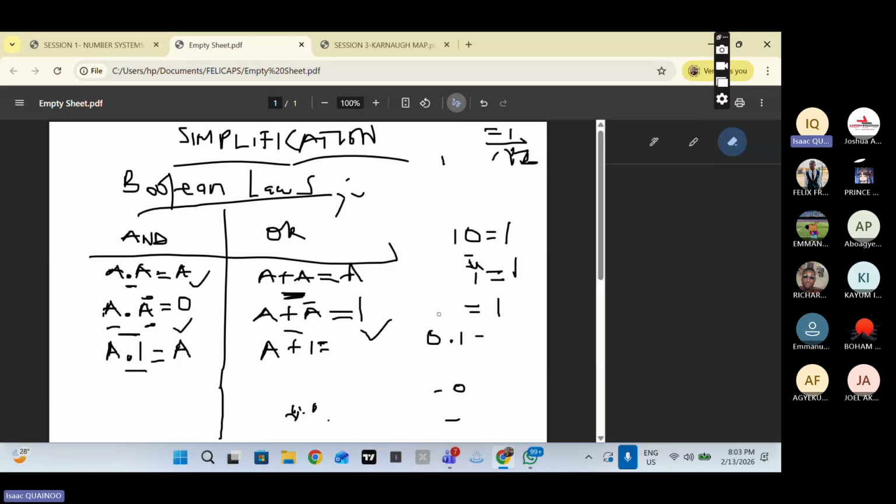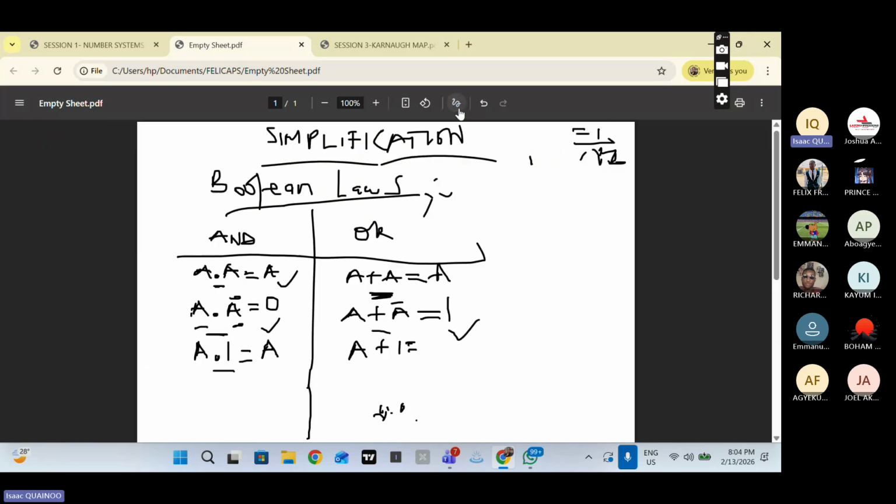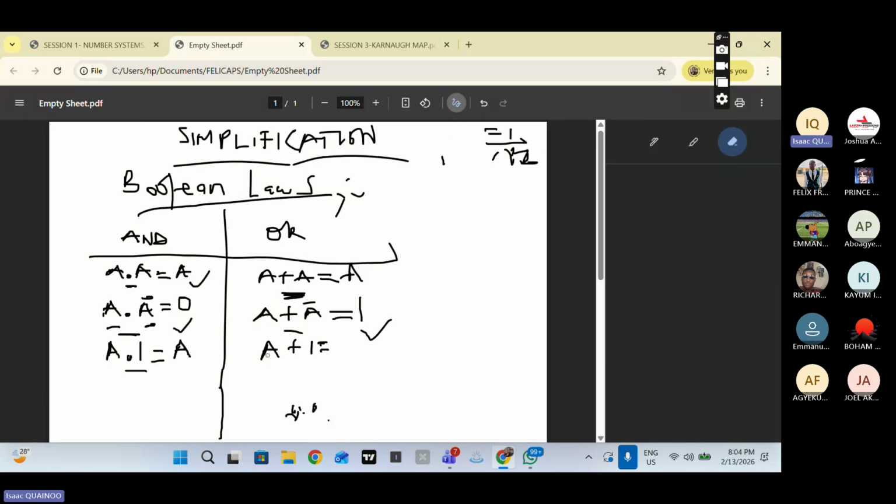All right, so let us look at the other laws or rules. So we said that if you have A plus 1, we've already talked about the AND version, right? So now we are talking about the OR version of that same law. Let us give it live inputs. A can either be 0 or 1, right?